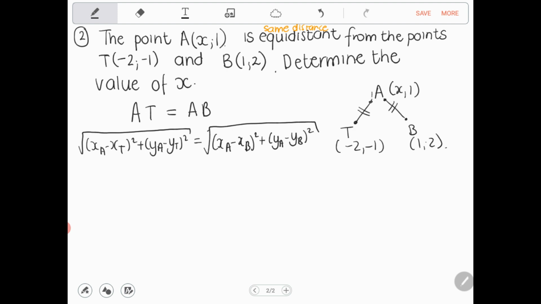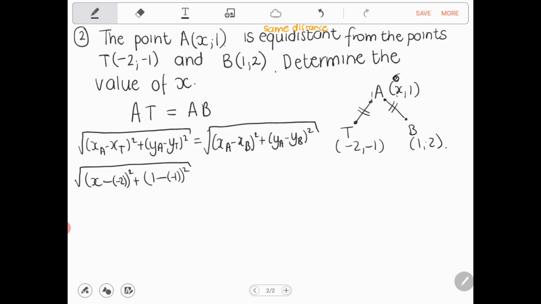All right, so what is my x at A? Well, it's just an x. Look up here. Here's my x at A. It's just an x there. Okay, the x at T is a -2. Y at A, 1. Y at T, -1.